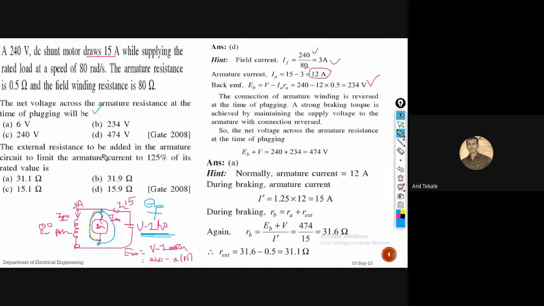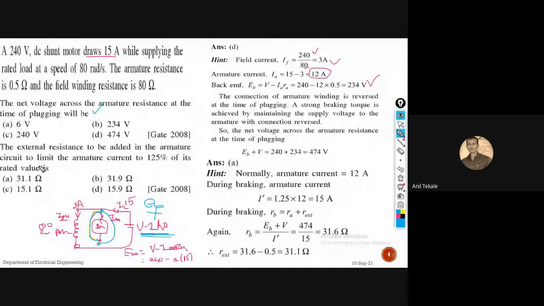The addition of these two will be equal to the total voltage across the armature current and armature resistance.